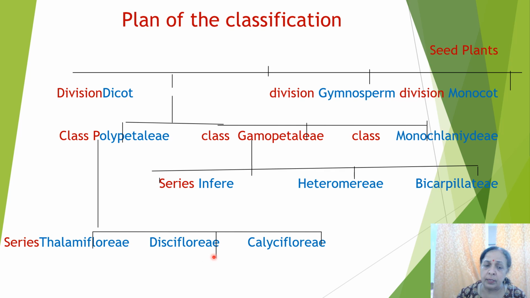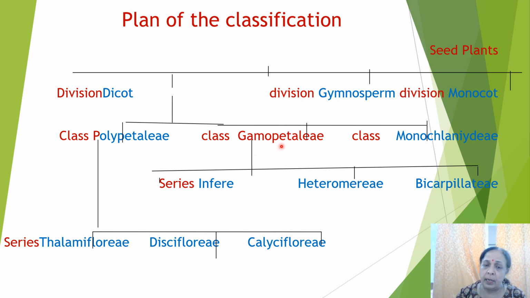And Disciflorae means when the flower shows a cushion-like disc below the ovary, or you can say the cushion-like disc present between the ovary and thalamus. And next is Calyciflorae. Calyciflorae includes the inferior ovary or half inferior ovary bearing flowers or plant species.